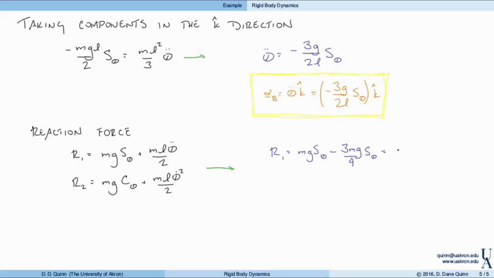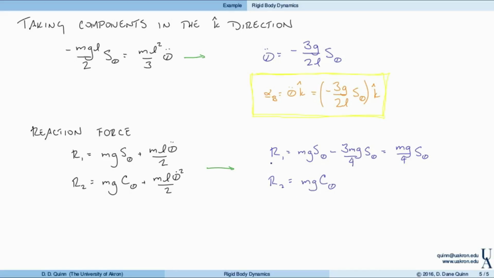And so R1 is simply mg over 4 times sine of theta. R2 reduces to only mg cosine of theta. Again, that's because at the initial time, theta dot vanished, so theta dot is equal to 0. And that simplifies R2 considerably.